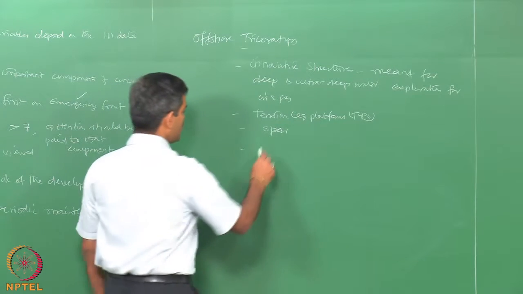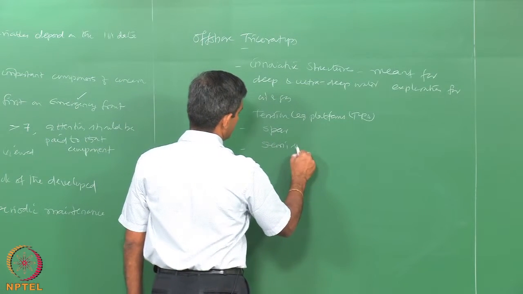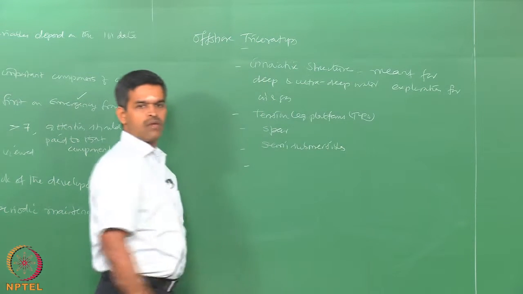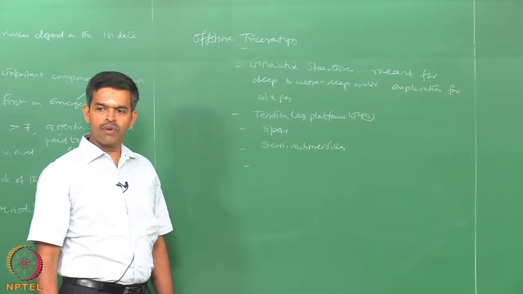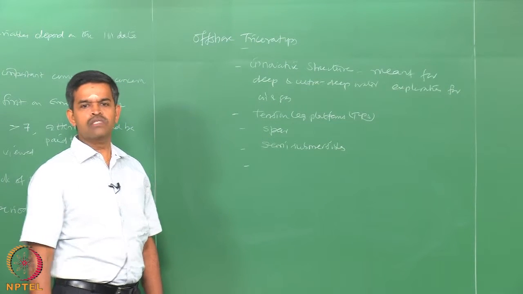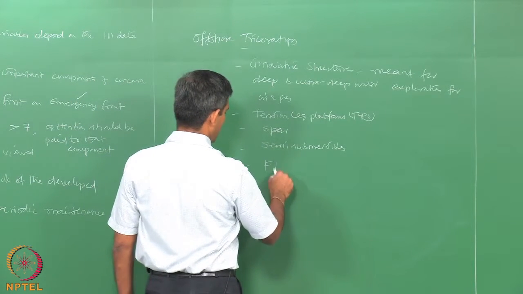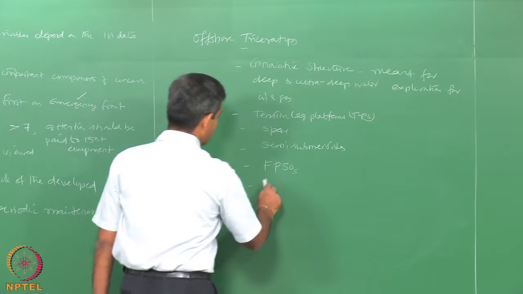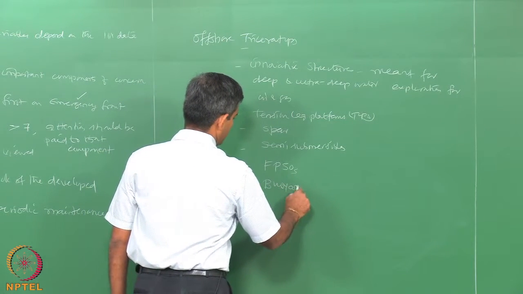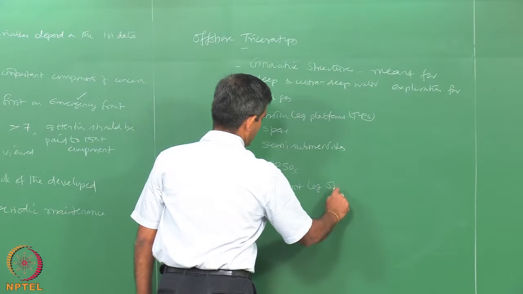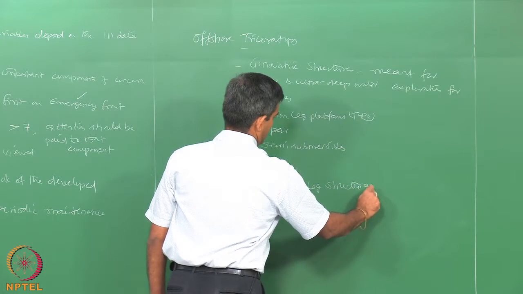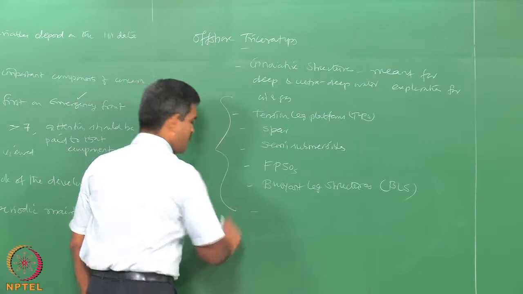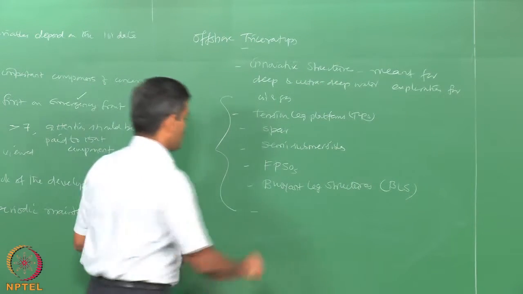We can also have semi submersibles, we can also have floating, production, storage and offloading structures, what we call as FPSOs. We can also have buoyant leg structures, what we call as BLS, and in that list the recent addition is Triceratops.